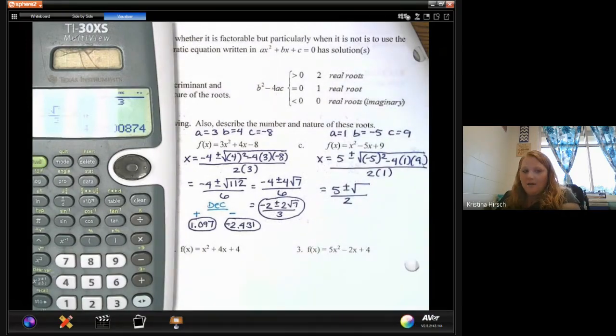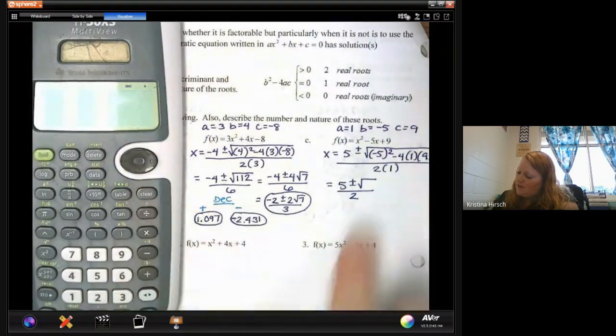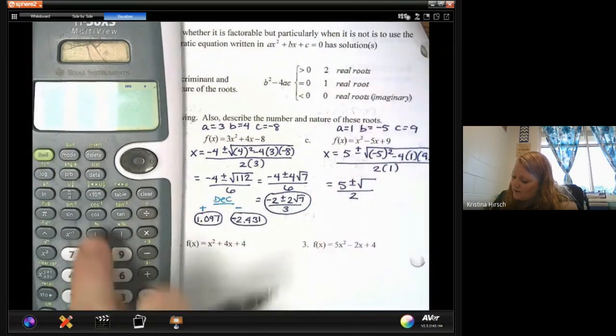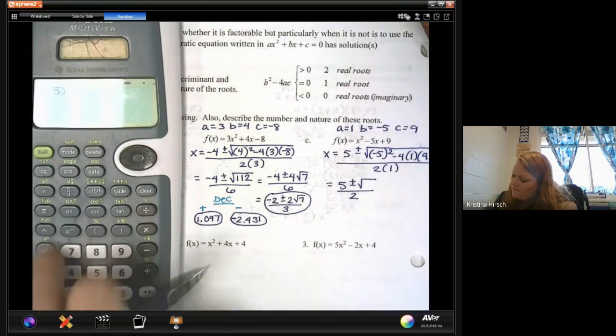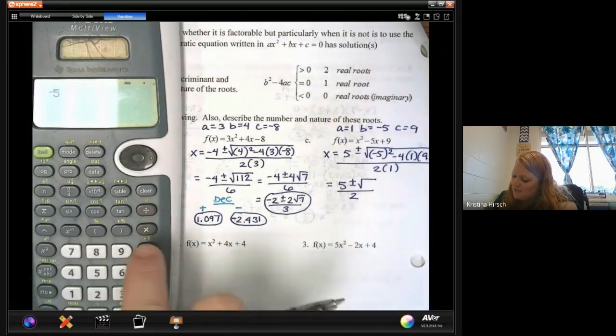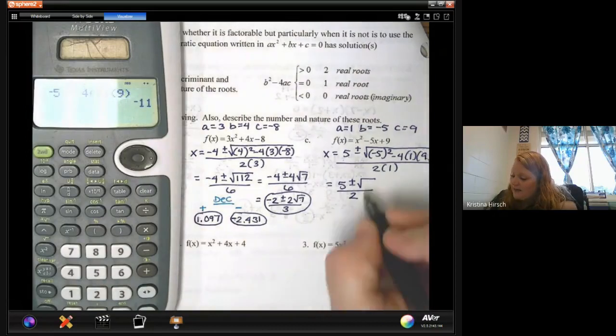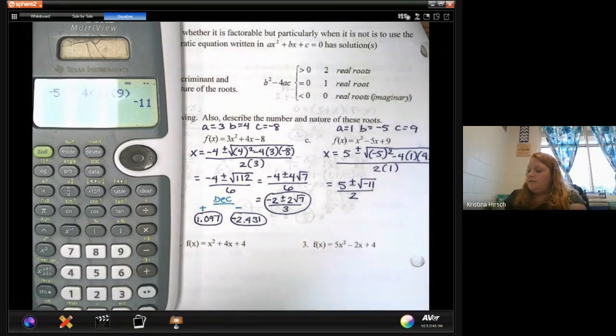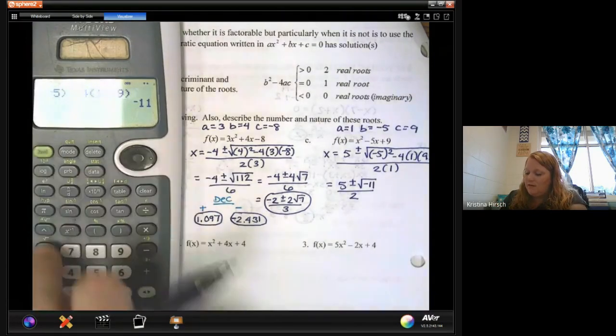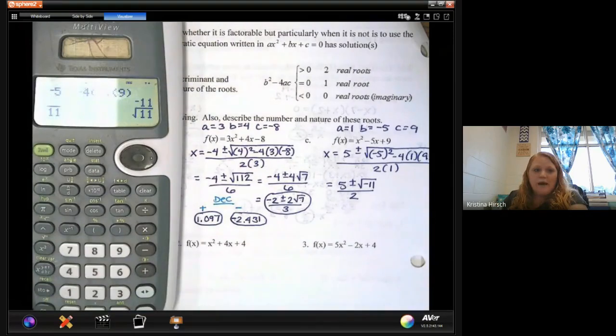So again, in my calculator, I'm going to type in the discriminant portion. So I'm going to have -5 squared, make sure you use parentheses, -4 times 1 times 9. And I got -11. Well, this is another example of an imaginary solution. But this time, if we did the square root of 11, it doesn't reduce, right? So that's okay. We still pull out the i, but we leave the 11 under the radical because it never got to come out.